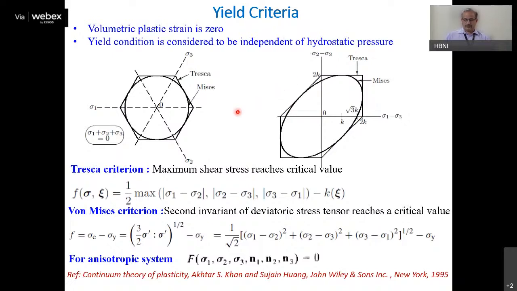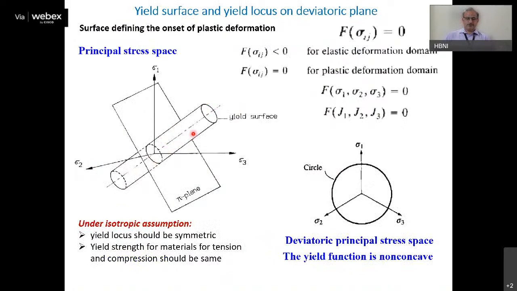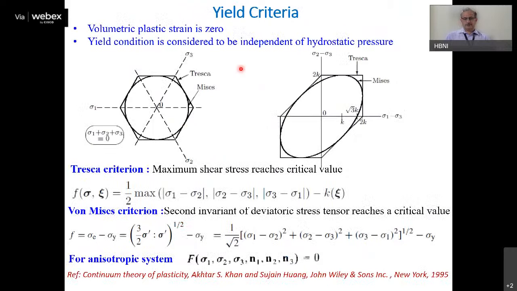You can be at any pressure, but at whatever pressure, you are considering a cross section of this cylinder. So you are talking about the deviatoric stresses in order to define the plastic deformation. There are some criteria which have been defined on this principal stress space, or this deviatoric plane.